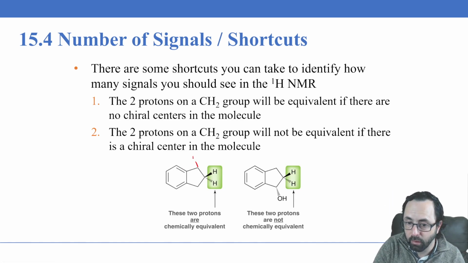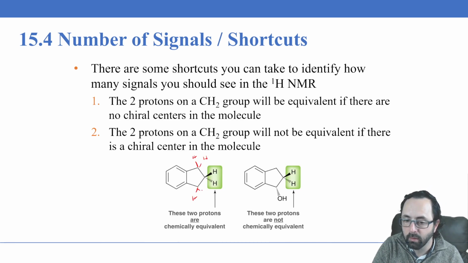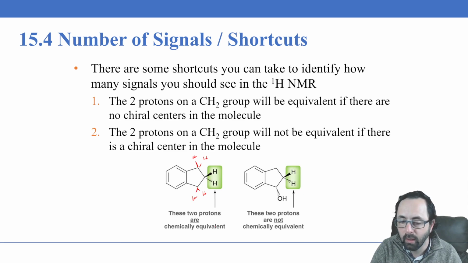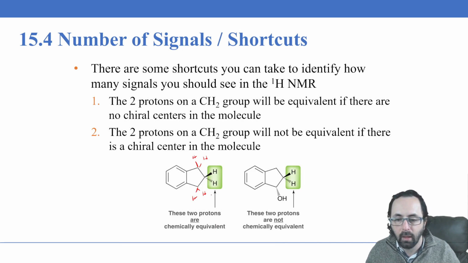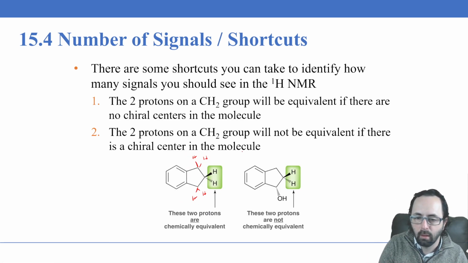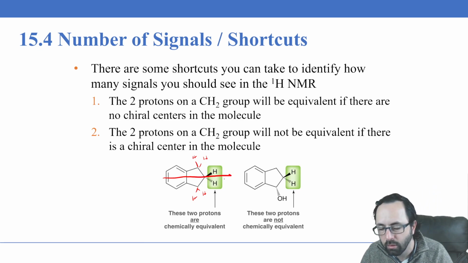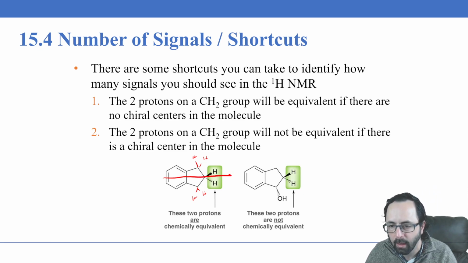They're only attached to three. These have two hydrogens, so these carbons are not chiral. And so there are no chiral centers, meaning that these two protons and these ones as well will be chemically equivalent, and then these protons here are chemically equivalent as well, due to the rotational symmetry along this rotational axis.